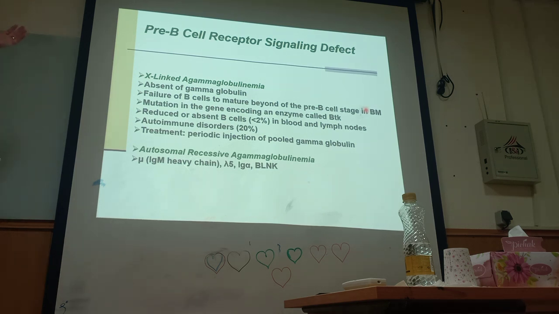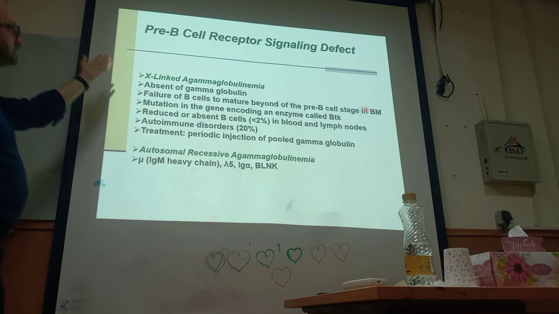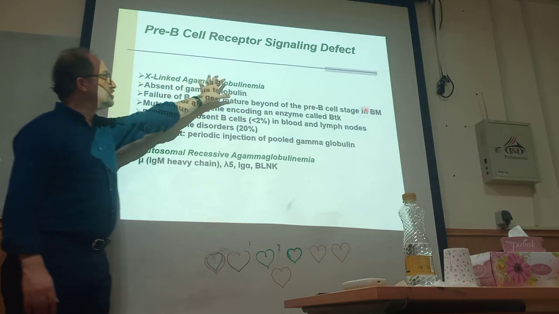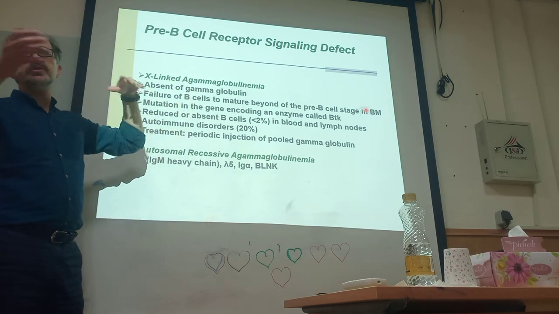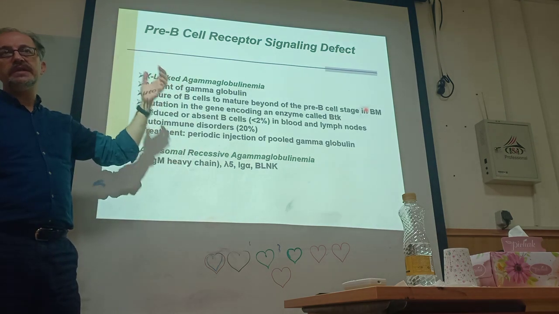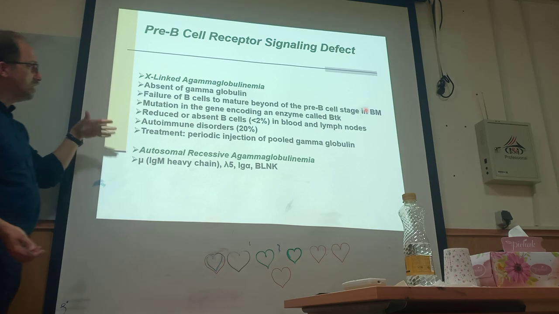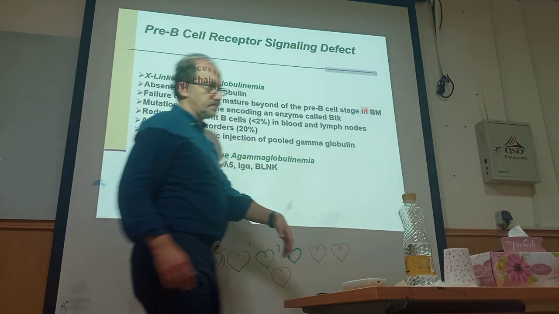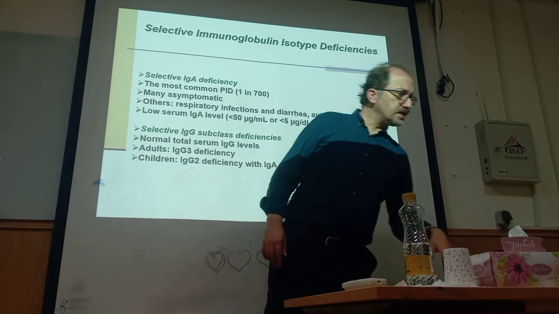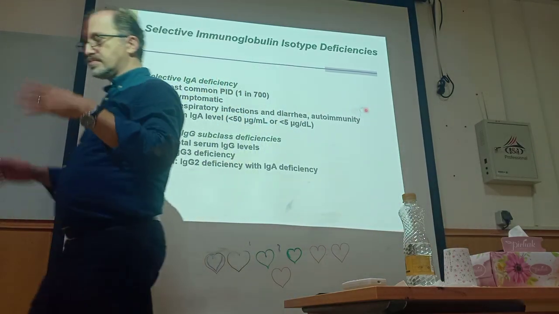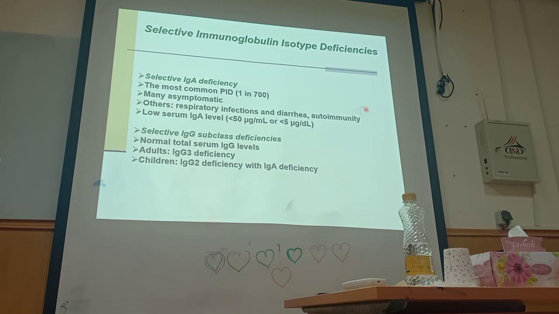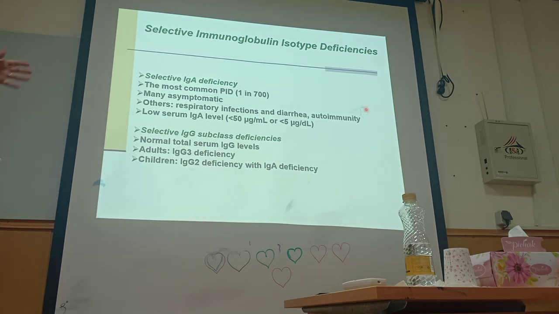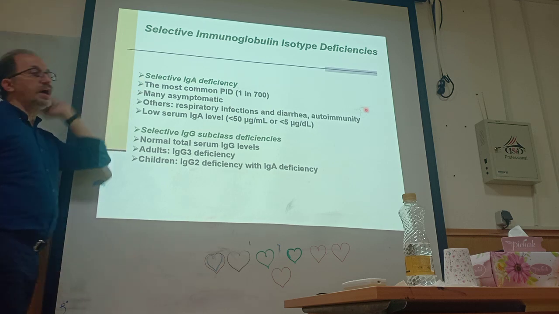So they have all low immunoglobulin level. So for the patient with Bruton disease, we name X-linked agammaglobulinemia. Agammaglobulinemia means no gamma globulin. Okay? And it's X-linked pattern. They have low B cell numbers. You can see less than 2%. Another disease of antibody deficiency is selective immunoglobulin isotype deficiency, like selective IgA deficiency.